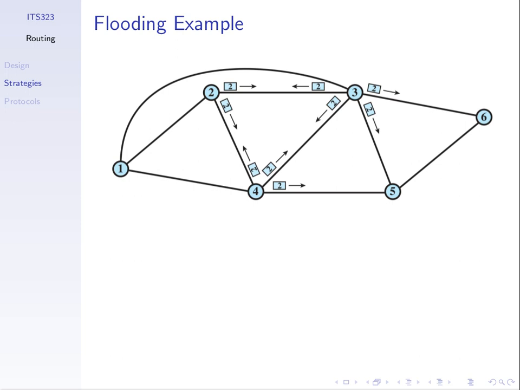And when it receives a packet, it sends a copy to all of its neighbours again. So in this example, 2 receives a copy of the packet from 3, and therefore will send to its neighbours, which will be 1 and 4. But 2 also receives a copy of the packet from 4. So we'll send to its neighbours 1 and 3.